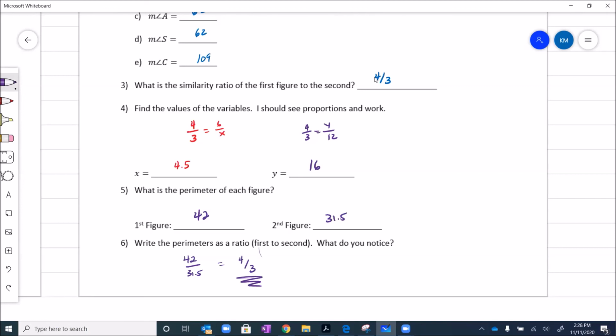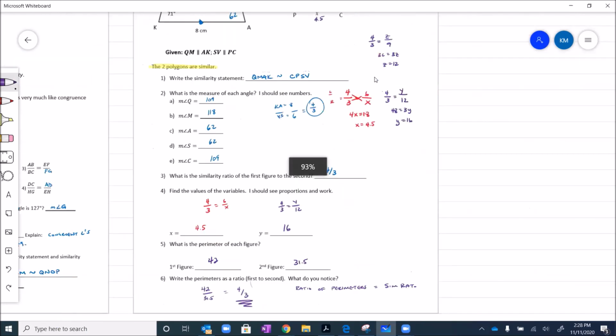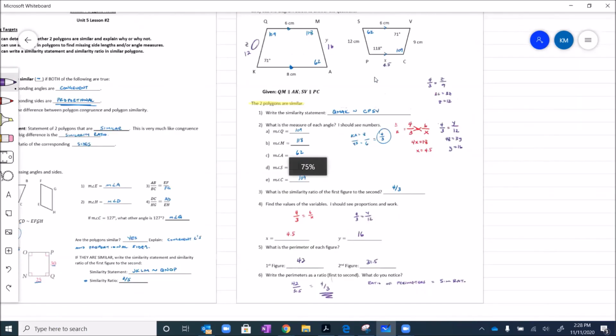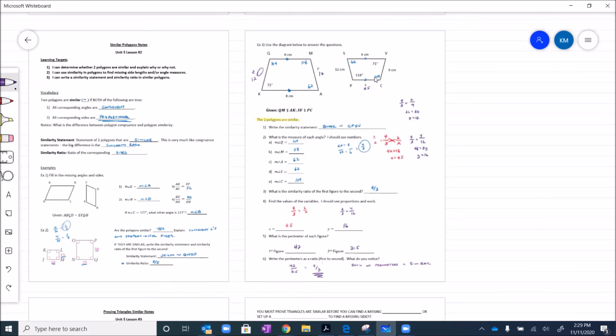The ratio between the perimeters is the same as the similarity ratio. Okay? And that is something that will always be true. All right, so that is similar polygons, using the similarity ratio, explaining why two polygons are similar or not, and then finding missing side lengths and angles with that information. See ya.